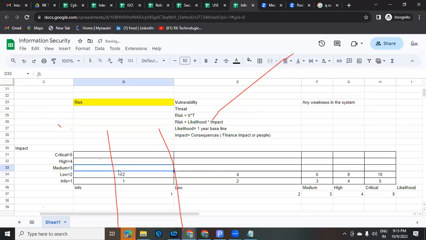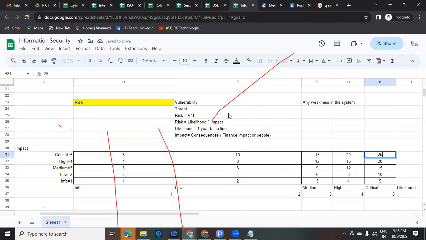Okay, so next one is 3, 6, 9, 12, and 15. In the similar way, 4, 8, 12, 16, 20. So finally, 5, 10, 15, 20, 25.